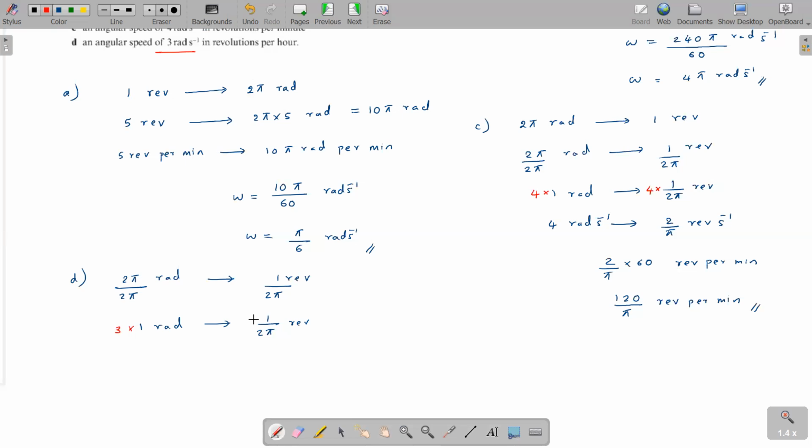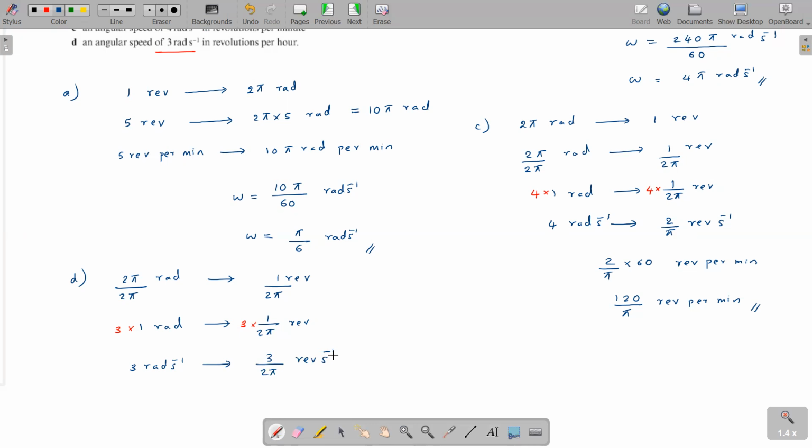So I multiply both sides by 3. So 3 radians is 3 over 2 pi, which means it's 3 over 2 pi revolutions per second.